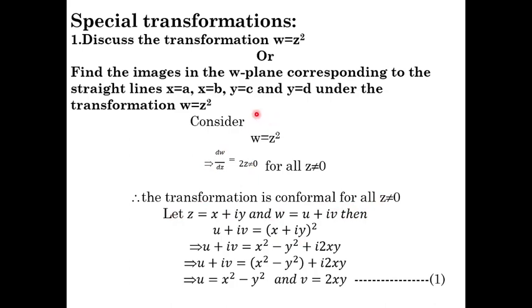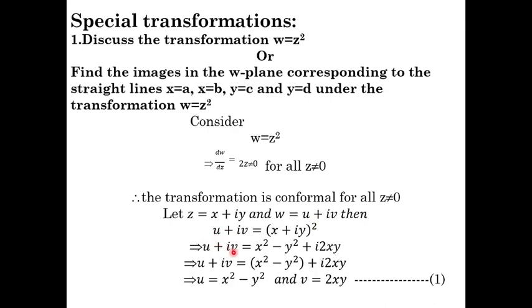Next, let us consider the z value and w value. What is the z value? z = x + iy and w = u + iv. Now substitute this in w = z². u + iv = (x + iy)².